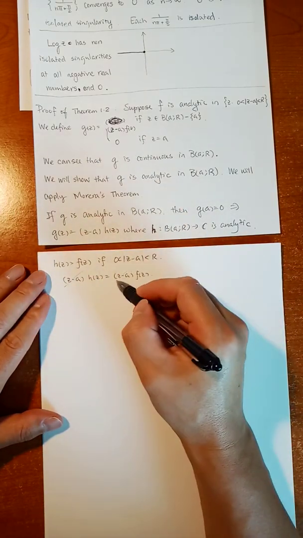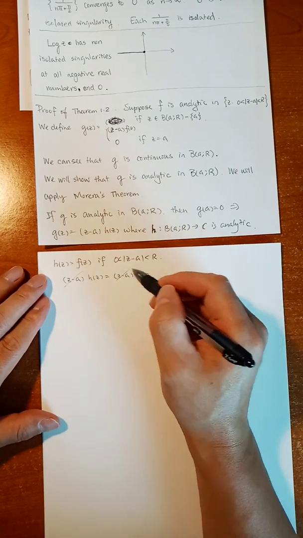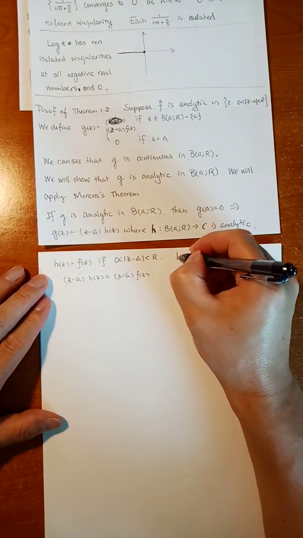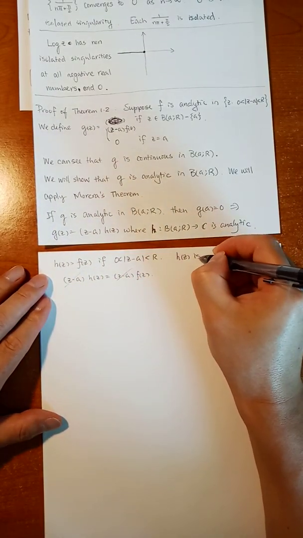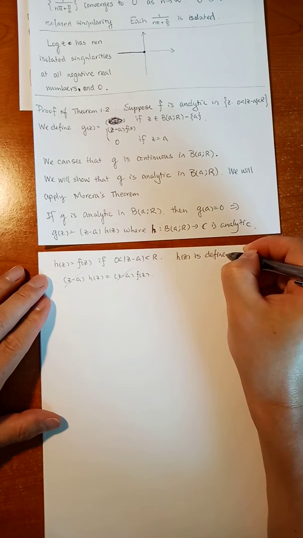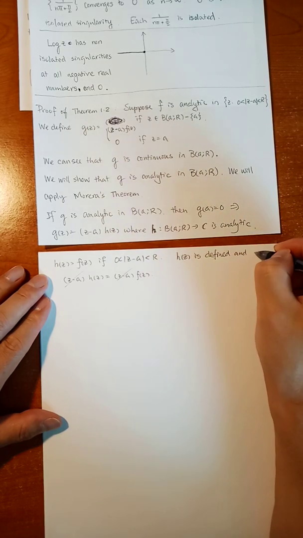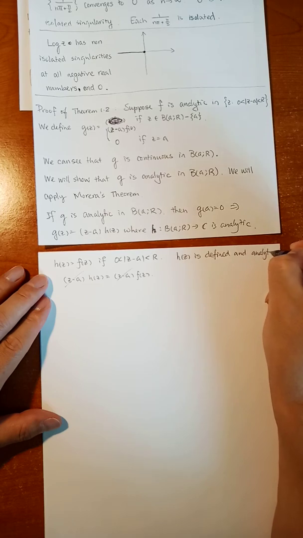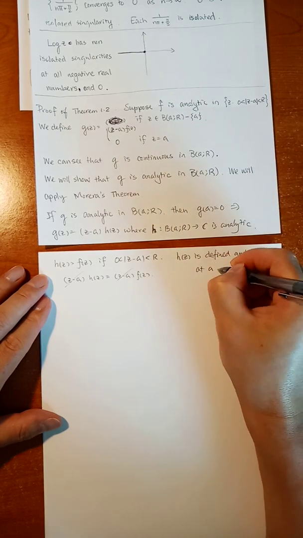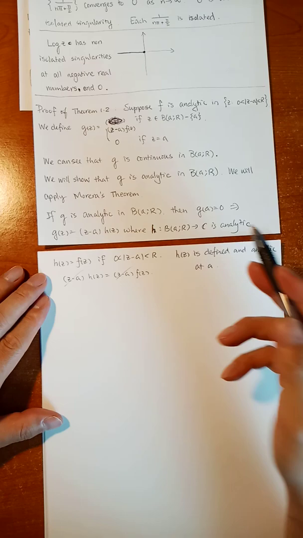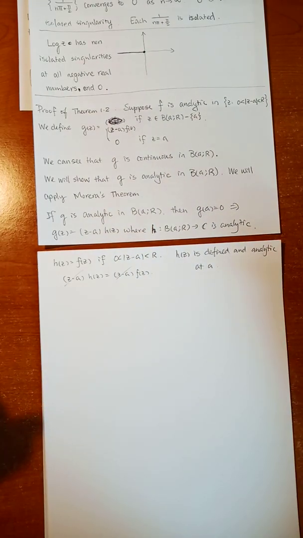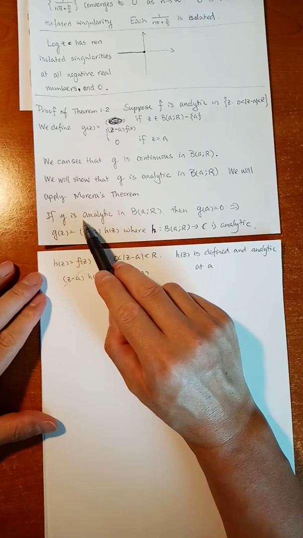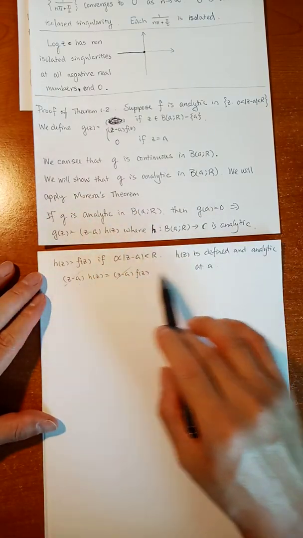So they equal each other, and h of z is defined and analytic at a. h is defined over the whole open disk. So this satisfies the definition of a removable singularity. So if we prove g is analytic, then we are done.